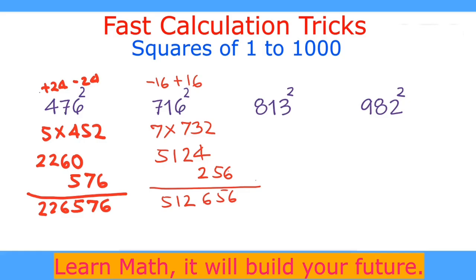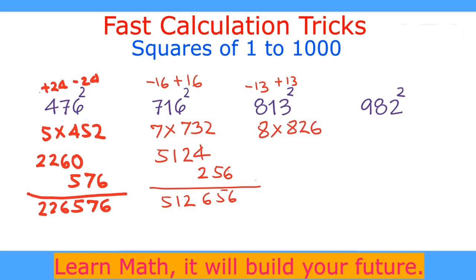813 is close to 800. So we write 813 in terms of 800. We subtract 13 and also add 13 to 813. On subtracting 13, we get 800. In place of 800, I write 8. And on adding 13 to 813, we get 826.